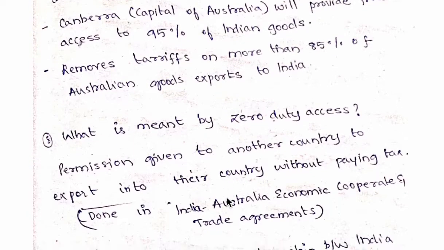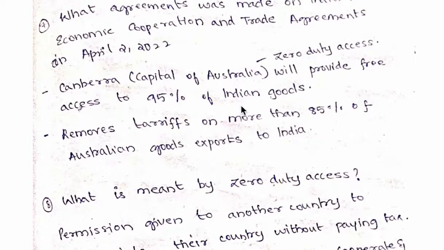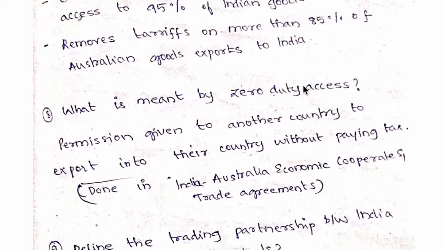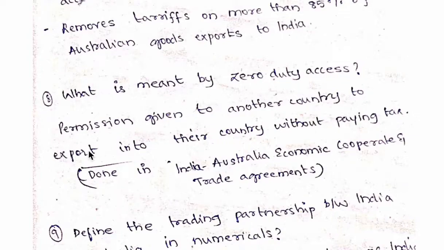Eighth question, what is meant by zero duty access? Just now I have discussed, when no duty, tax or fees is collected from the imports or exports from another country, then it is called zero duty access. The definition is permission given to the other country to export into their country without paying tax.